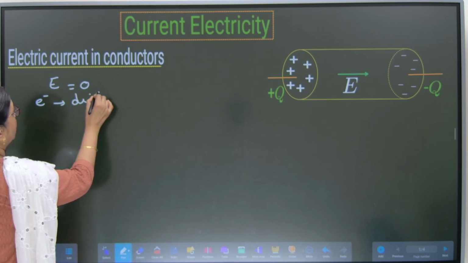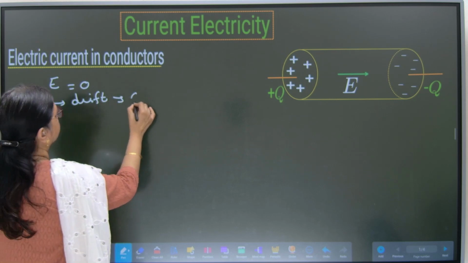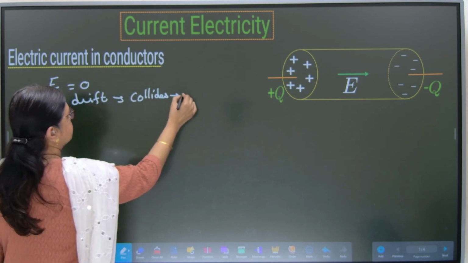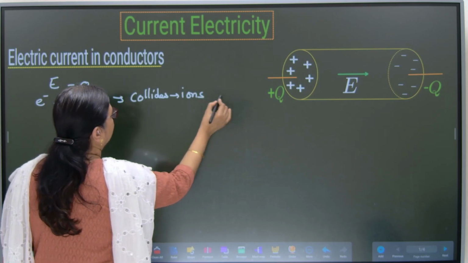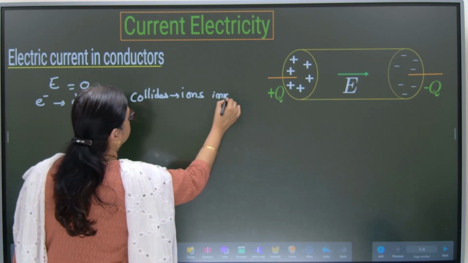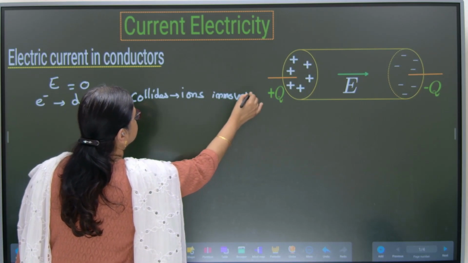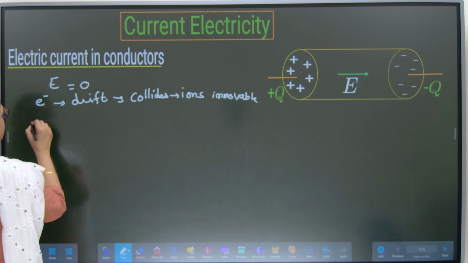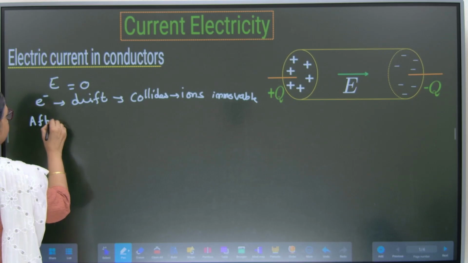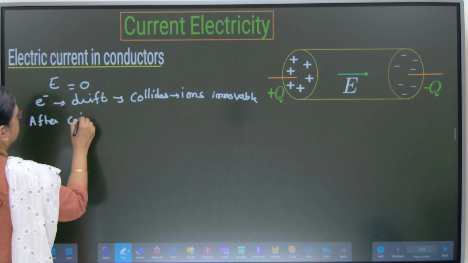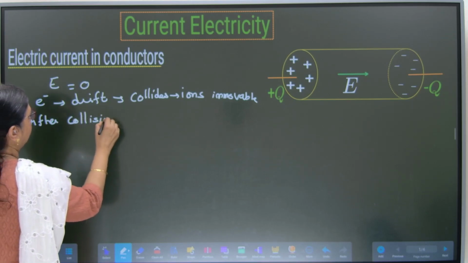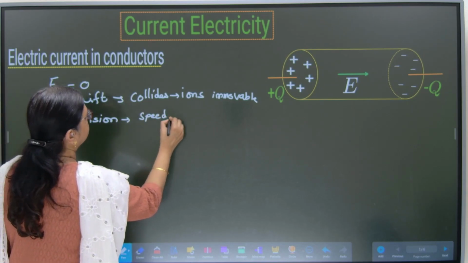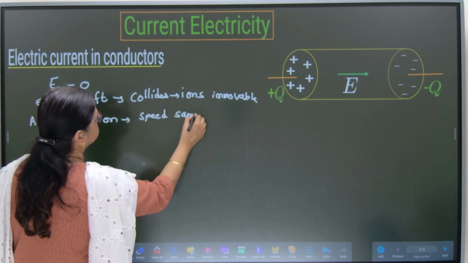They will collide with the ions that are immovable, static in the conductor. After collision, the speed will be the same as before collision.